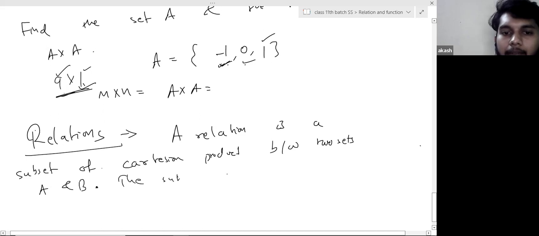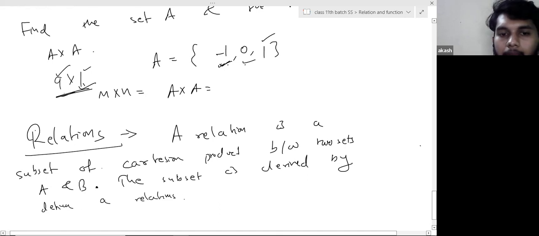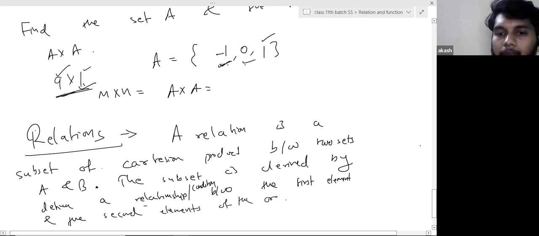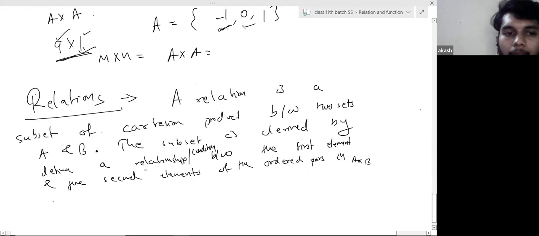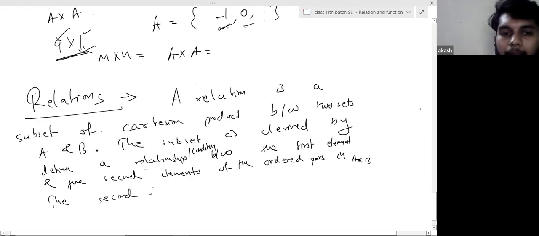The subset is derived by defining a relation, a relationship or a condition, between the first element and the second element of the ordered pairs in A cross B. The second element is called the image of the first element.